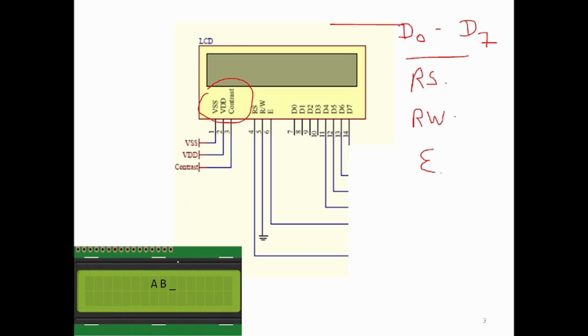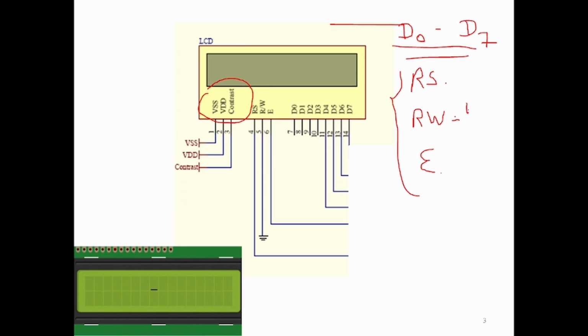Now how to use these 11 pins? Let us first understand the control pins. These 8 pins are data pins and these 3 pins are control pins. In the control pins we have RS, RW and enable. Remember, this RW pin is basically used for reading and writing operations. If the status of RW is 1, it means you can read from the LCD.